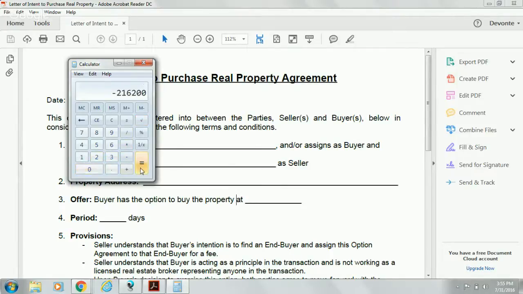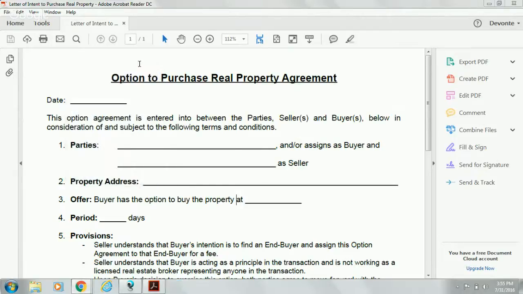Take that, you minus, your price at $230,000. So now you're looking at $216,200, and then you factor in closing costs and everything, and we'll make another video for that. But you'll see how I have it structured. You're not losing a penny. I'm not taking any commission out.